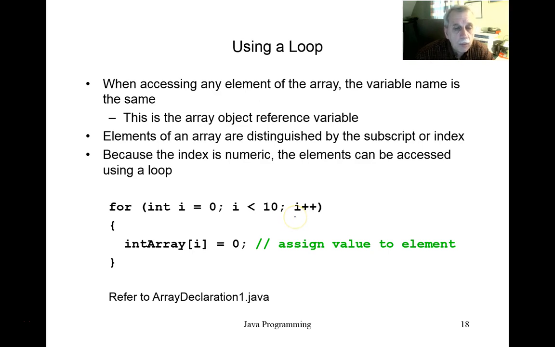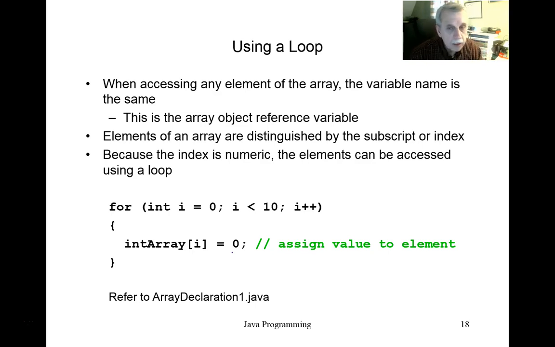To ensure that we do process another element, our for loop includes an increment at the end of the loop, increasing the value of the subscript by 1. So here we're accessing intArray, that's our reference variable, and i is our subscript. All we're doing in this case is assigning a value of 0. But the point is we're iterating through the collection of elements, and we're looking at these one by one.